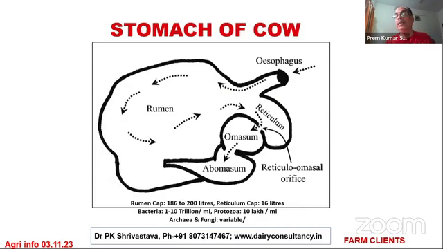At the time of eating, the cow eats very fast and reserves it in the rumen, and then it is regurgitated and chewed again. They sit below trees, in the barn, or near a wall, in the shade, just chewing. Remember, at least 8 to 12 hours of chewing per day is most important for the cow's health. If it is not allowed, the cow is not going to convert this material into milk.